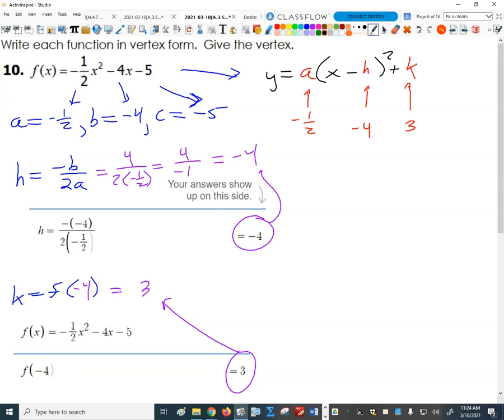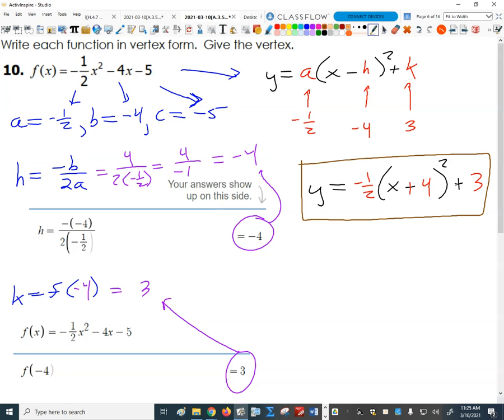So I end up with my answer, y equals negative 1/2 times the quantity x minus negative 4. If I subtract a negative 4, it makes that a plus 4, right? Plus 3. And there is my answer.